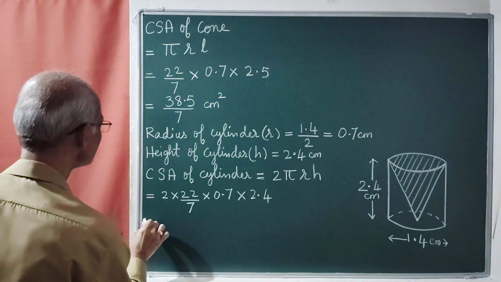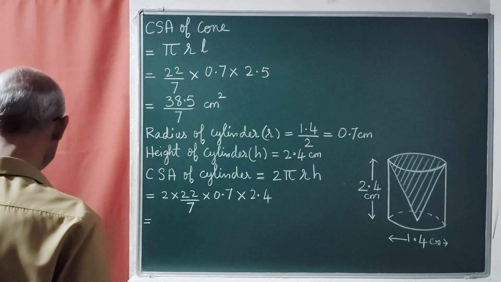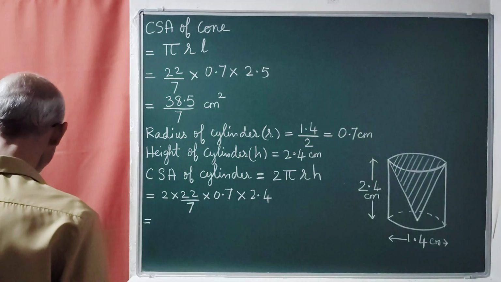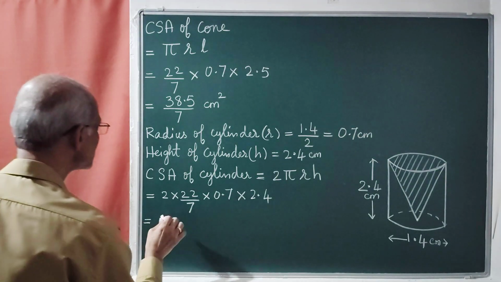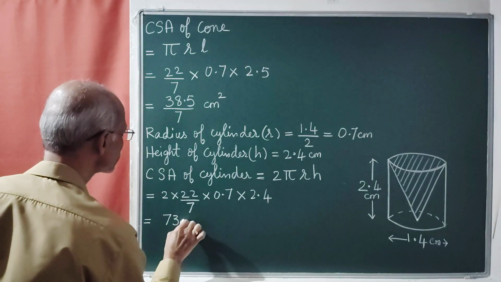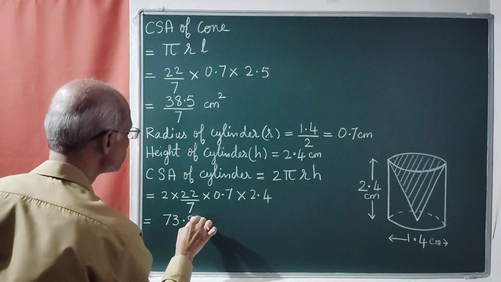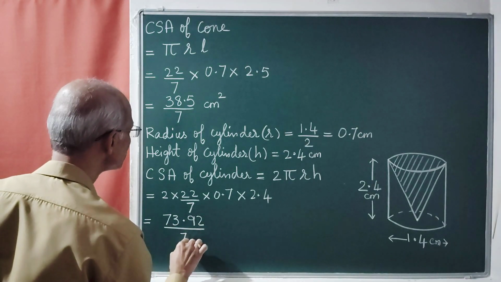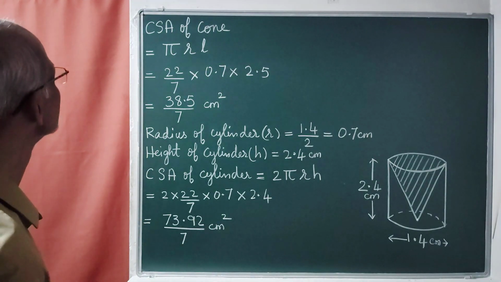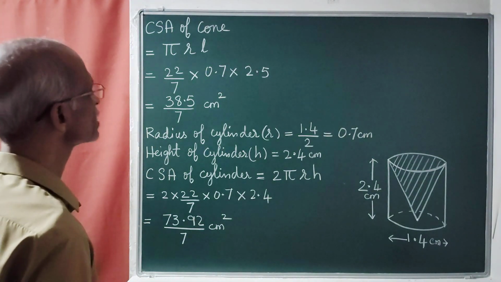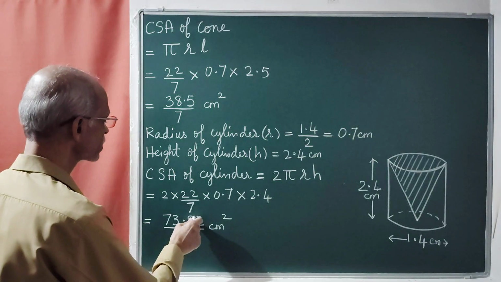That's equal to 73.92 by 7 centimeter square. So the curved surface area of the cylinder has been found here.